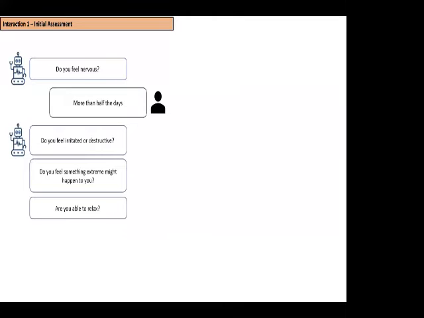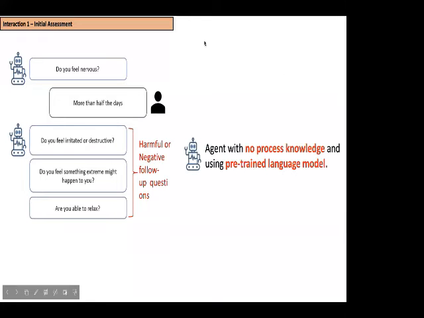And the bot responds with, this example was already shown by Manus, but responses that are not considered appropriate, destructive, extreme, these words, no patient is comfortable talking about. And so it should not be asked directly. So once we infuse process knowledge into it from the PHQ-9, let's see what happens.